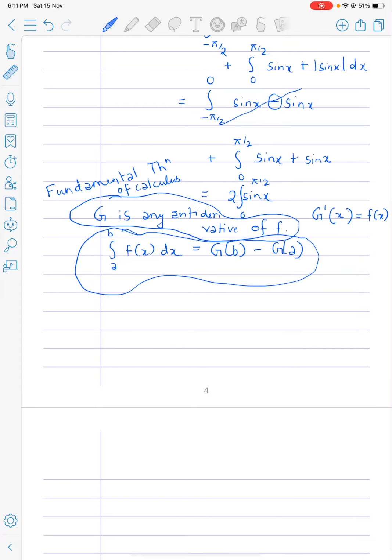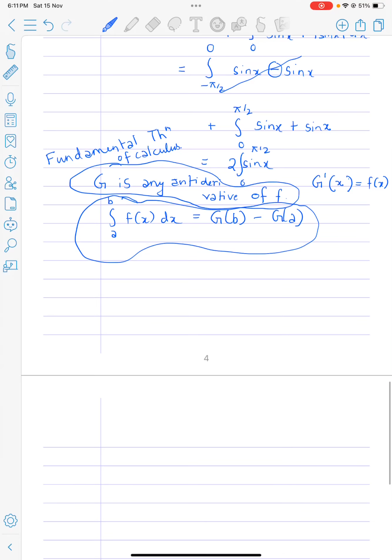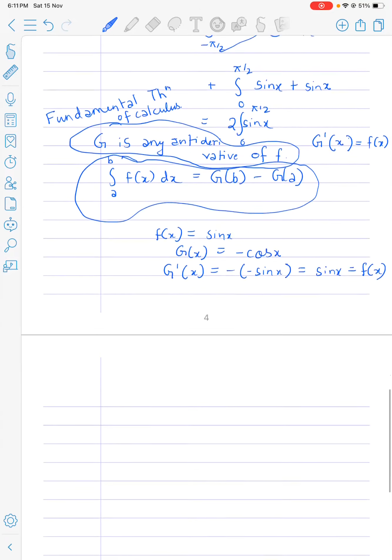This fundamental theorem of calculus I'm going to use, where f of x is equal to sin x, and G of x you can take as minus cos x, because if you check G dash x, it will be minus, and differentiating cos x you get minus sin x, so this will give sin x. So we have verified that G dash x is equal to f of x, that is, G is an antiderivative of f.